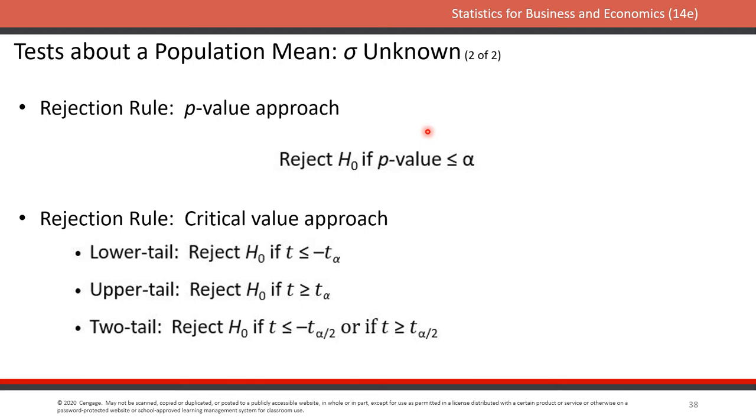Incidentally, this highlights one of the benefits of the p-value approach and why in applied and practical research, the vast majority of individuals use the p-value approach as opposed to the critical value approach. It is because once you learn how to interpret p-values for one context, the interpretation largely stays the same across a whole array of different statistical tests.